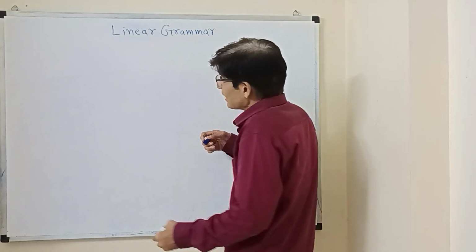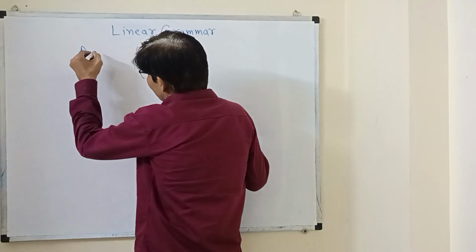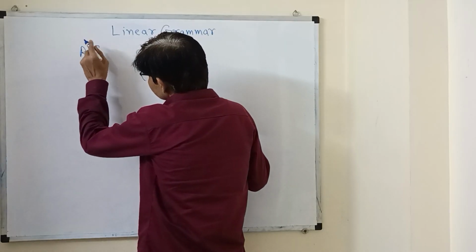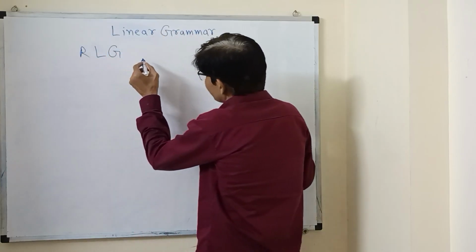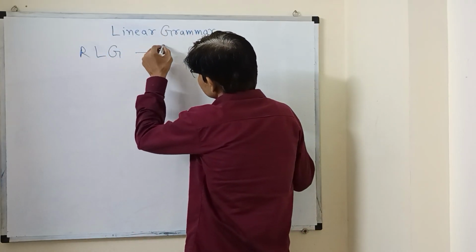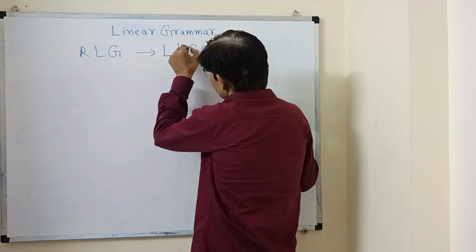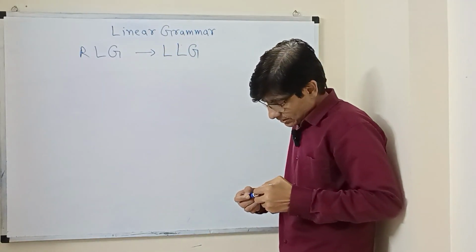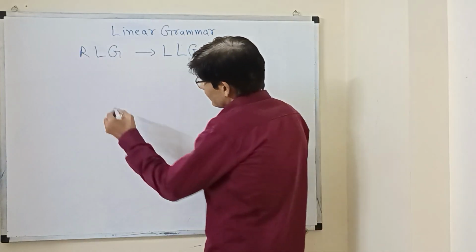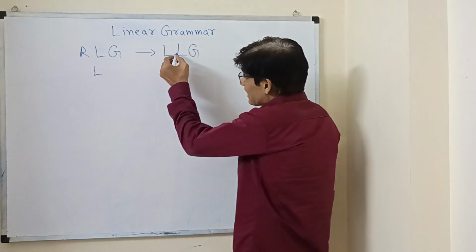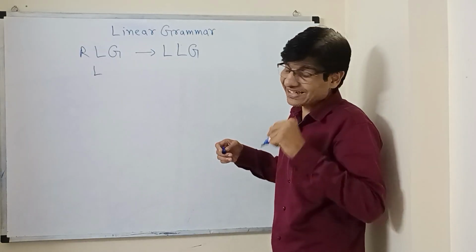Suppose we are converting RLG into LLG. Conversion means that if the RLG generates the language L, then this LLG must also generate L.